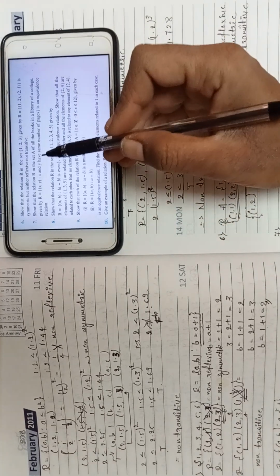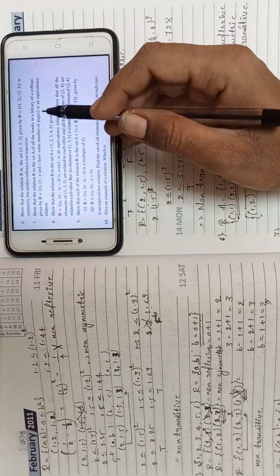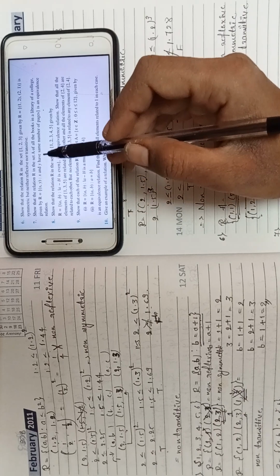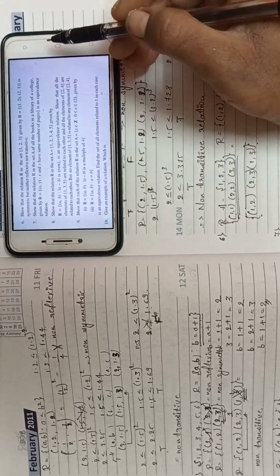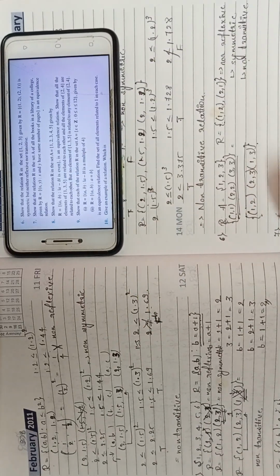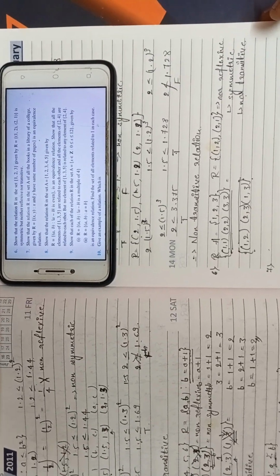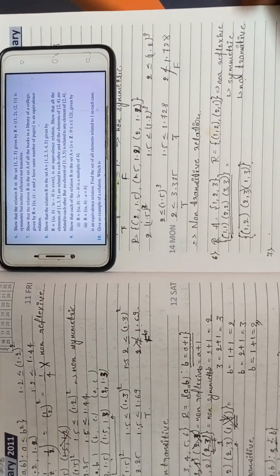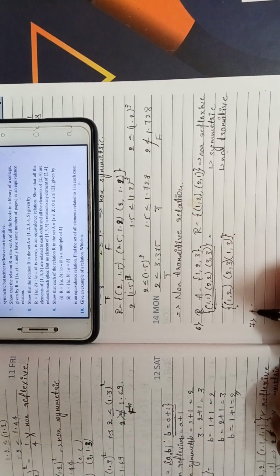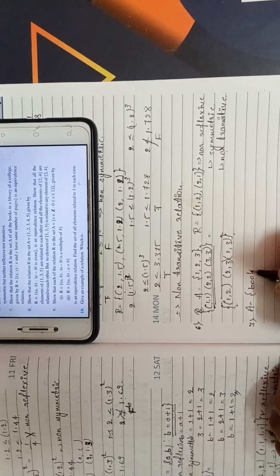Show that the relation R in the set A of all the books in the library of a college given by R = {(x, y): x and y have the same number of pages} is an equivalence relation. So how should we show this? So here they have given a set A as books in the library.